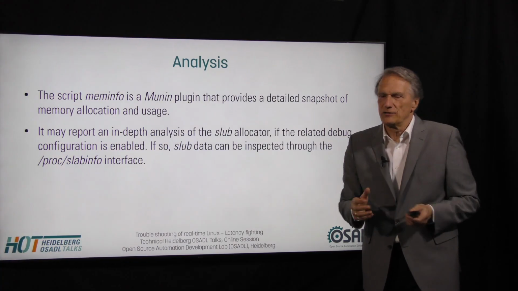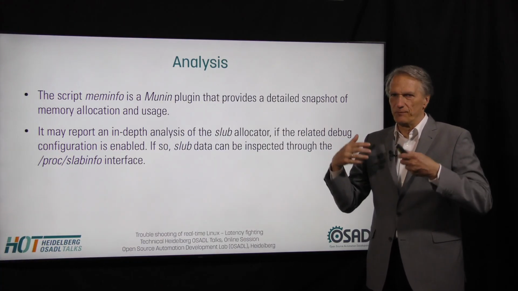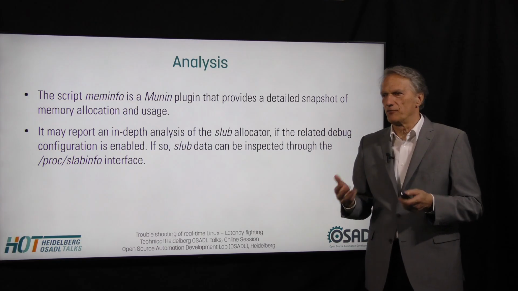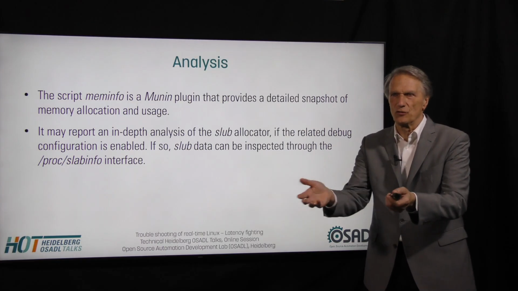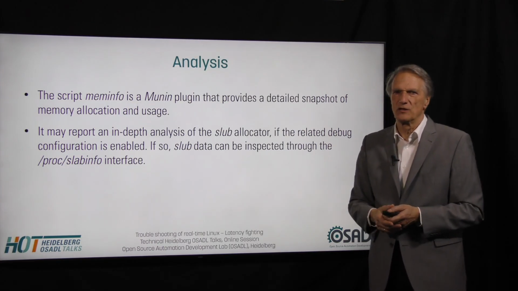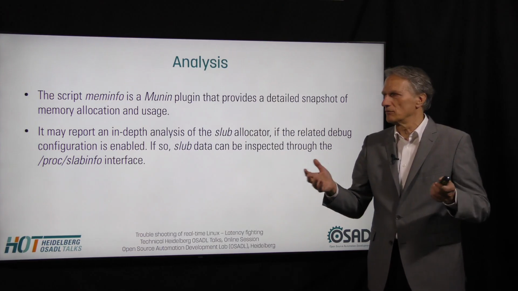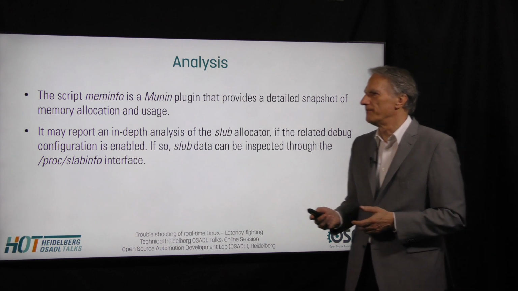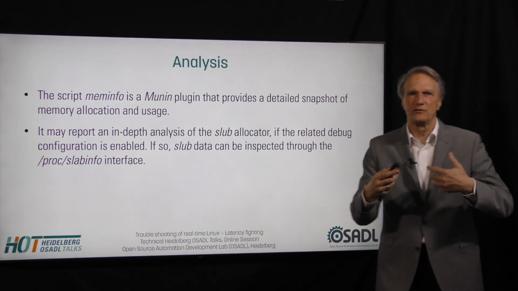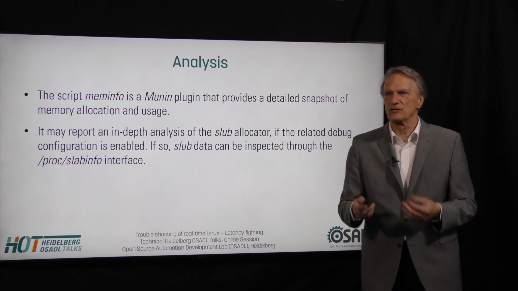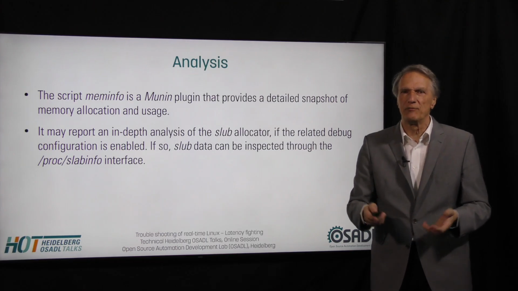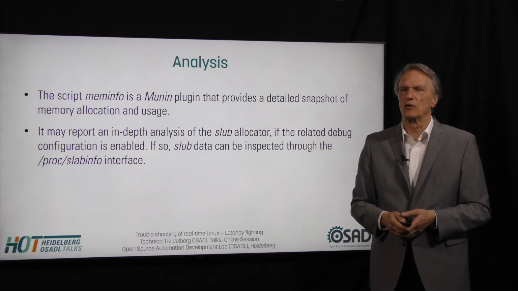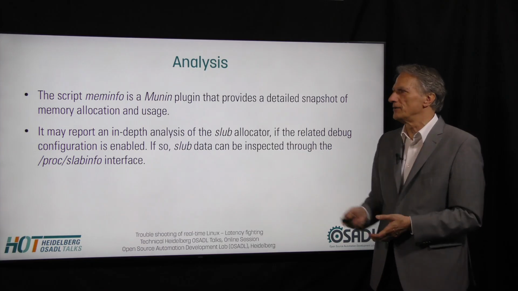And normally it is not a problem because when debugging is not enabled, the information is not taken from slab, and in consequence there's no interference with real time. But sometimes, and this happens because one of the distributions we used had the slab debug configuration enabled by default, this is why we ran into this problem.